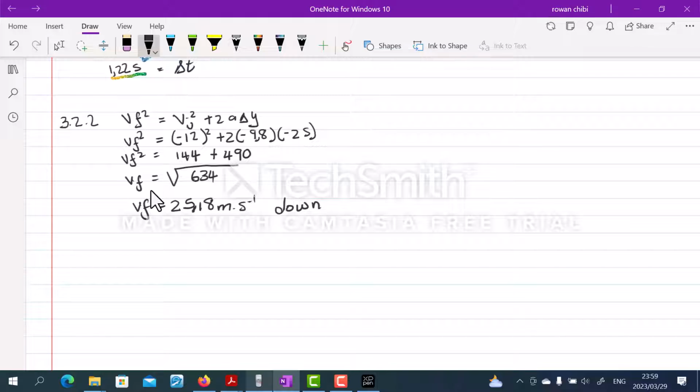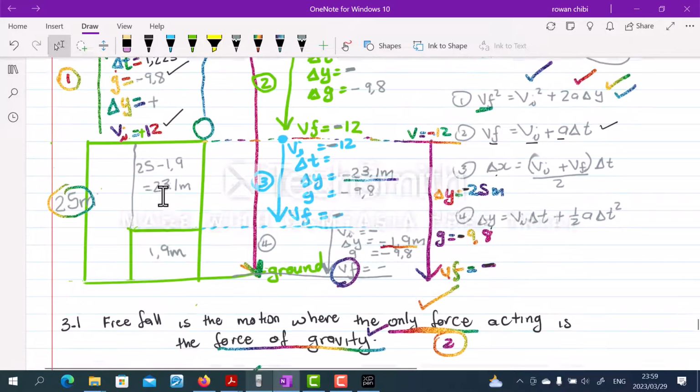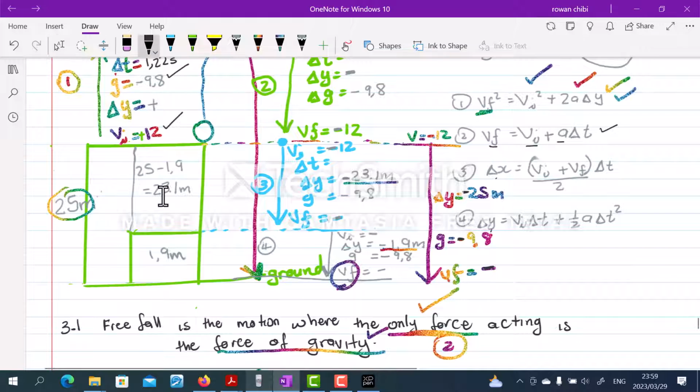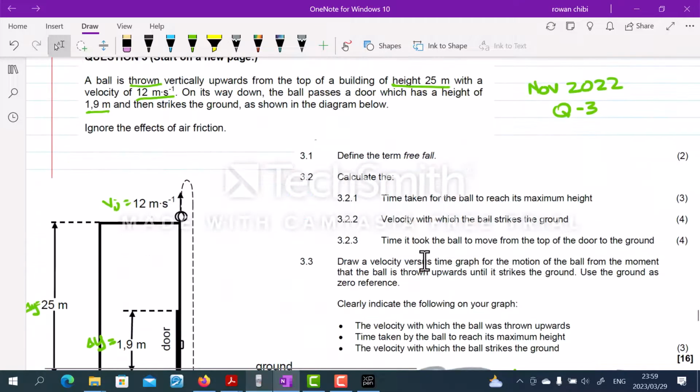So this is the answer for the final velocity on the ground: negative 25,18 meters per second. So yeah, we're done with that one. Let's look at the following.